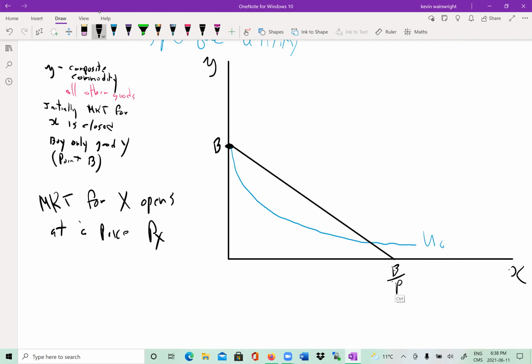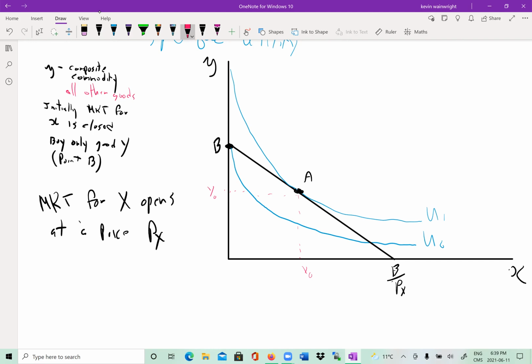And the consumer will then see that by having the market for X open, they can move to a higher level of utility. So they move to point A and they buy X0, Y0.